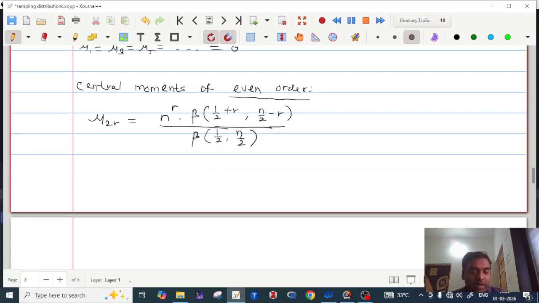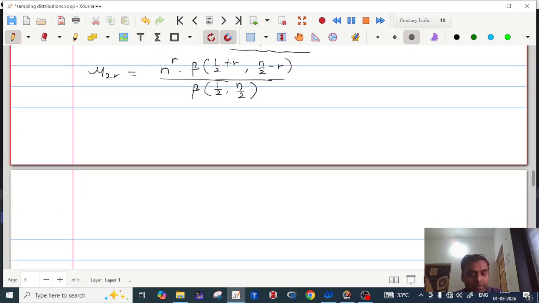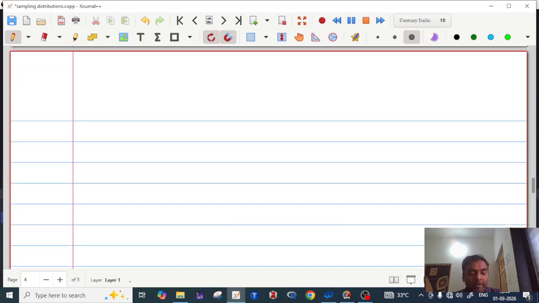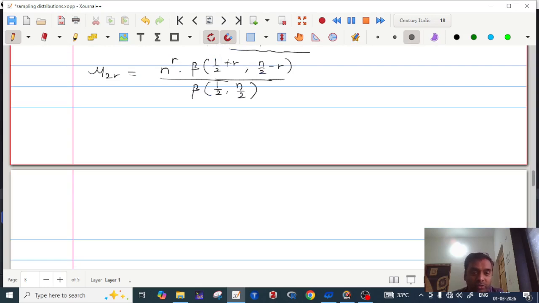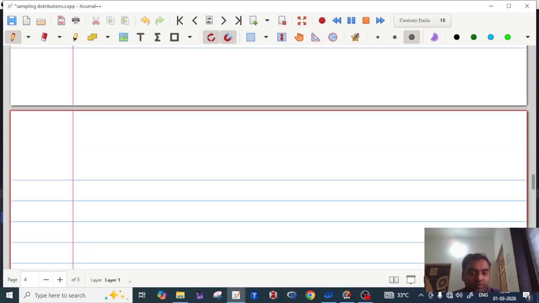After putting the values r equals 1, 2, 3, 4, you will get the central moments of even order. If you put r equal to 1, we will get mu 2. If you put r equal to 2, we will get mu 4.